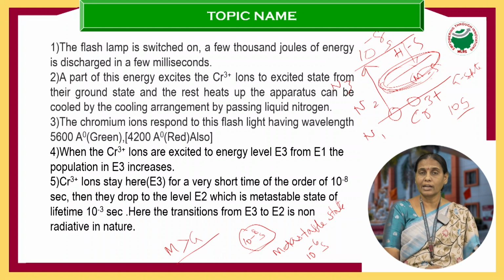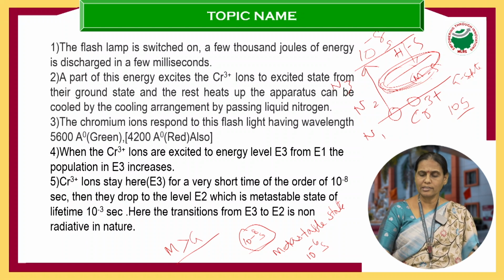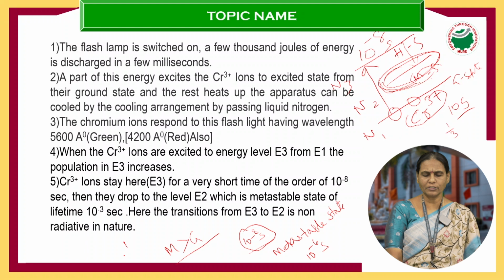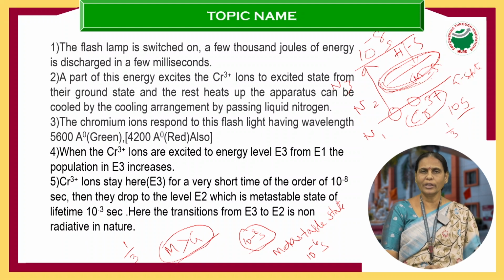But here the condition we need to state is, if you are supplying energy for 1/3 of the chromium ions at a time, and they jump to the higher energy state, then only you can see the condition of population inversion, that is, M greater than G. Okay, first we told this in a general point.